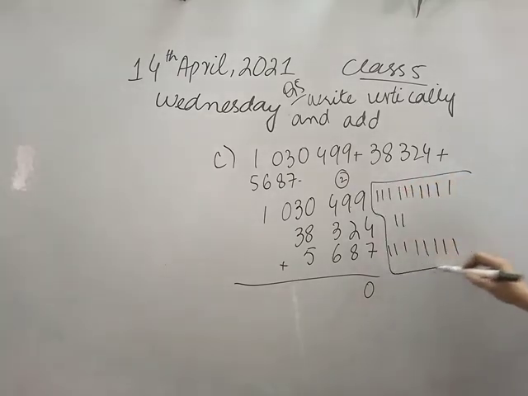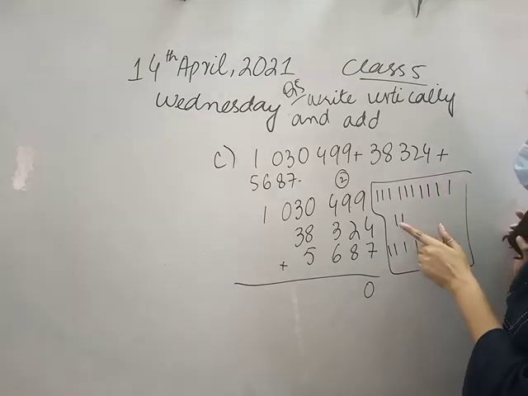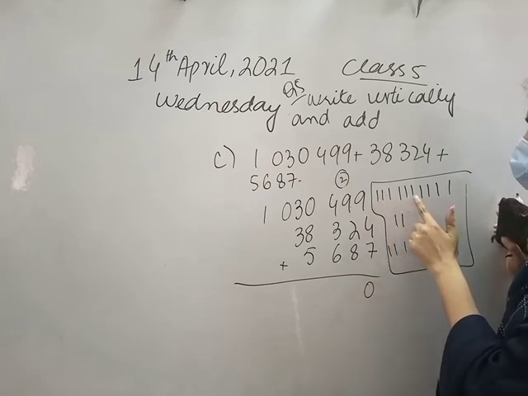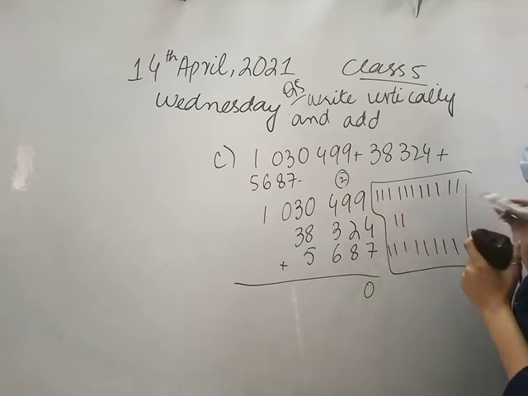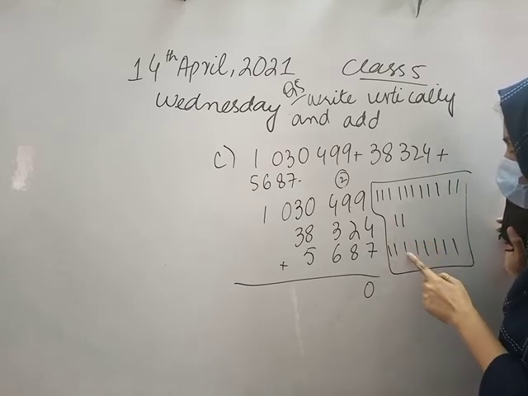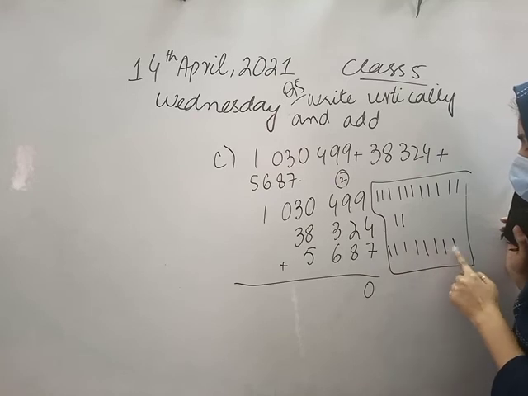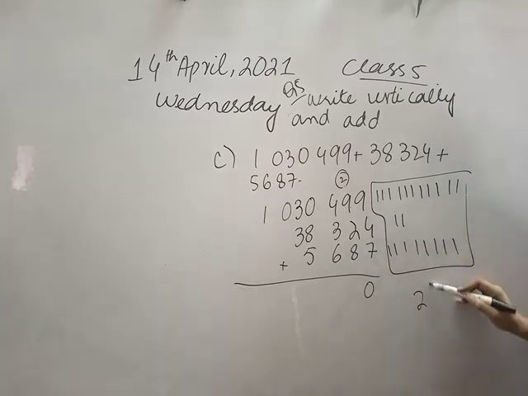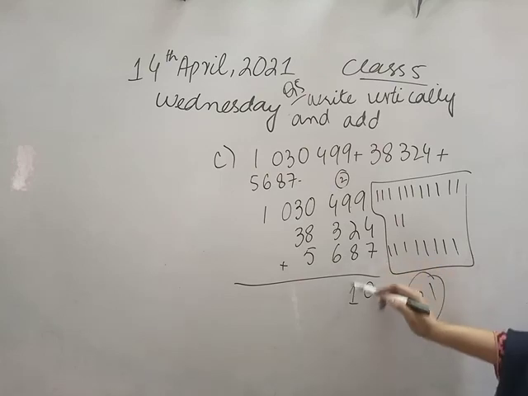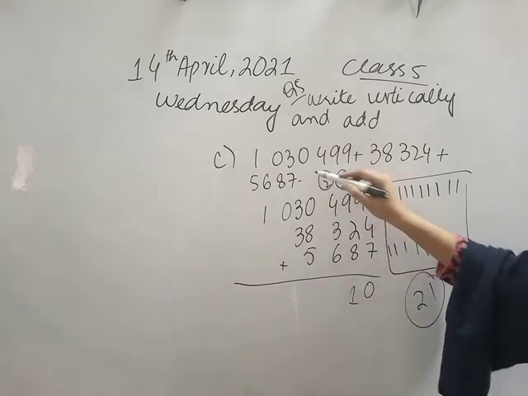So in total I have, class, 10, 11, 21. 2 digit in total. So what is at unit place? Very good. 1. Below we have to write 1 below 8 and 2 as a carry.